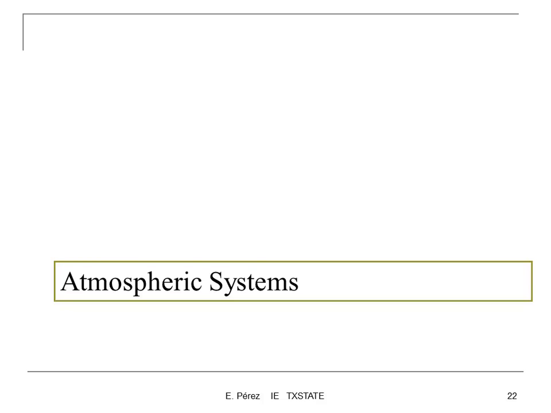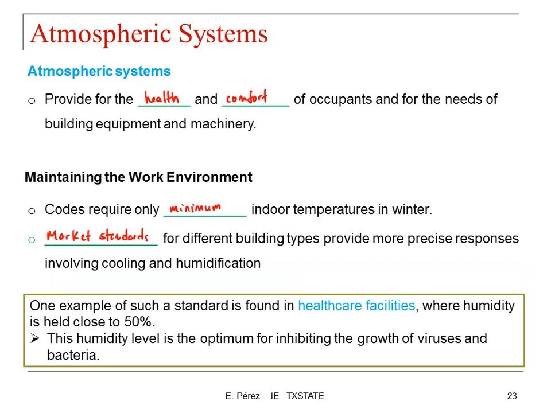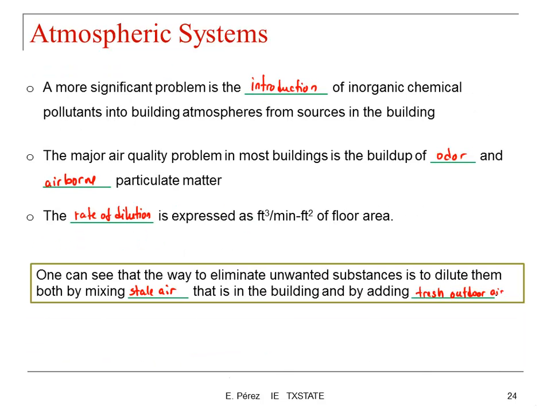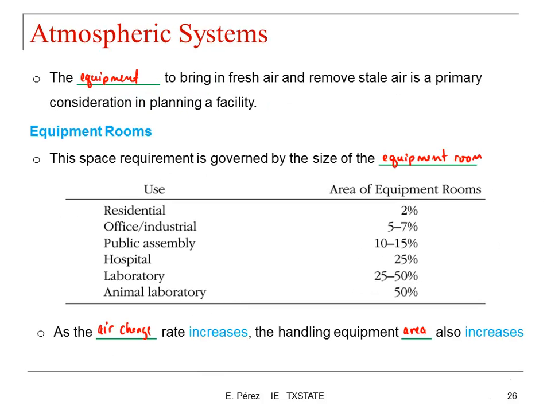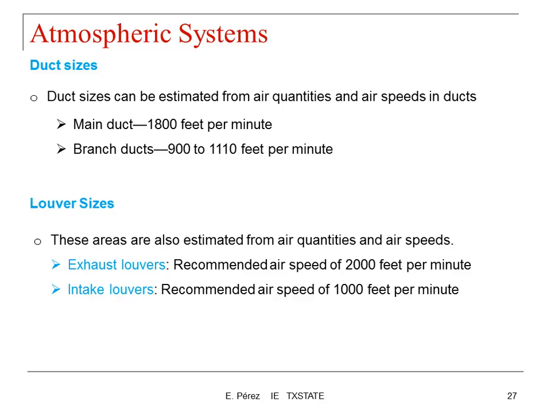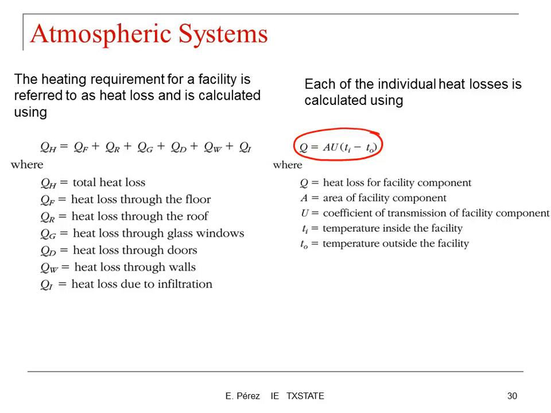On Monday, we started our topic on systems within the facility that might affect your layout. The last one was the atmospheric system, and essentially what we did was to discuss how to design for the requirements of an HVAC for both the cooling requirements and also for the heating requirement.